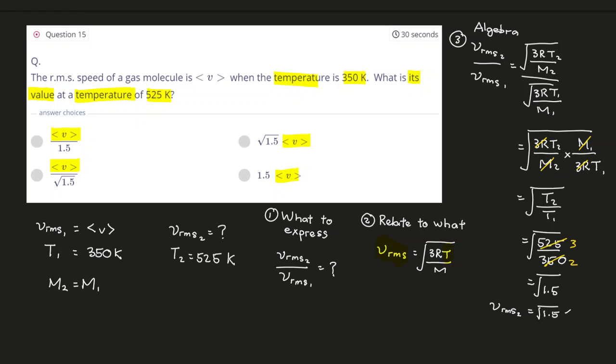VRMS1 is just equal to the triangle bracket V. So we can safely pick our answer as the square root of 1.5 triangle bracket V. So that will be our answer for question 15.